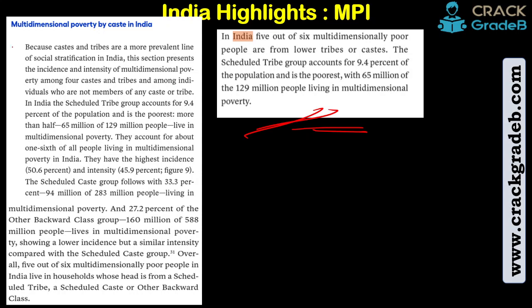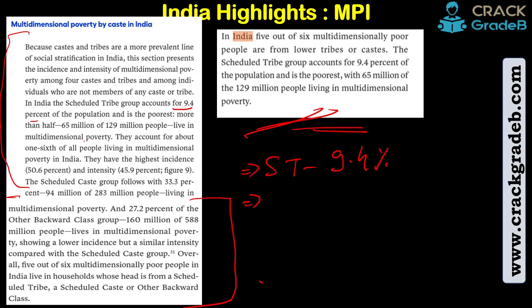Right? Then pause the video and read this paragraph. This is very important. Make a note of it. Like in India, scheduled tribe accounts for 9.4% of population. Important point. Okay. Then more than 65 million of 129 million live in multidimensional poverty.